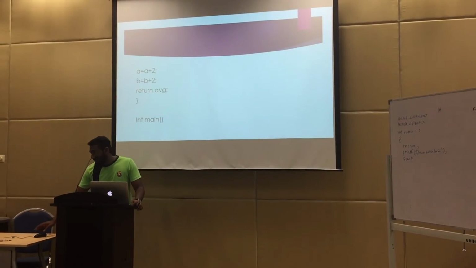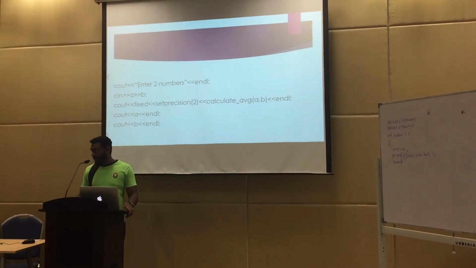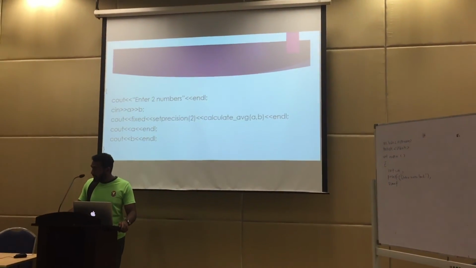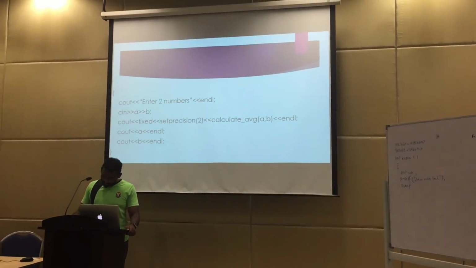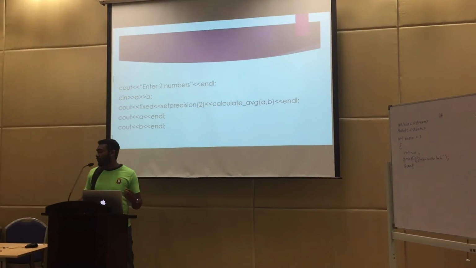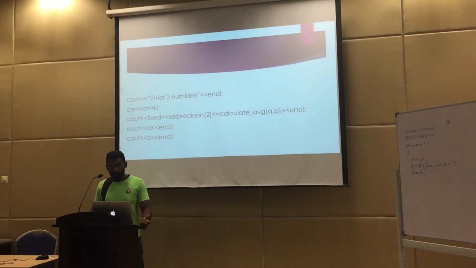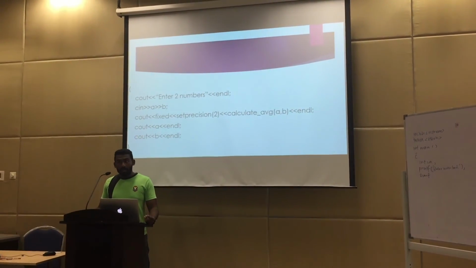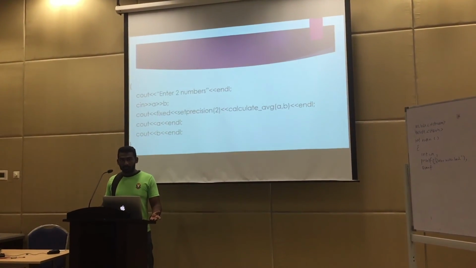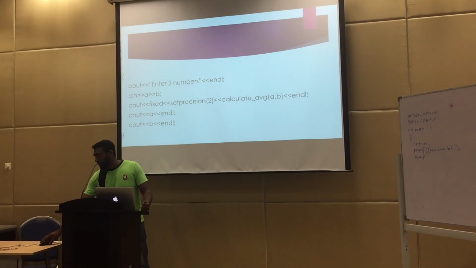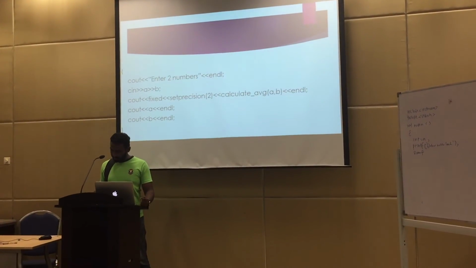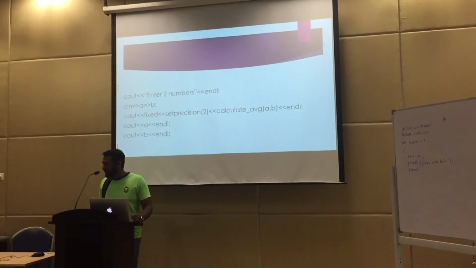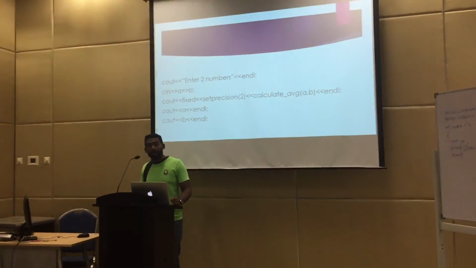Followed by cout, enter two numbers, endl, and then cin a and b. So cout is where we prompt for our values, and cin reads the values in. Then cout fixed setprecision, calculate_average(a, b), endl.